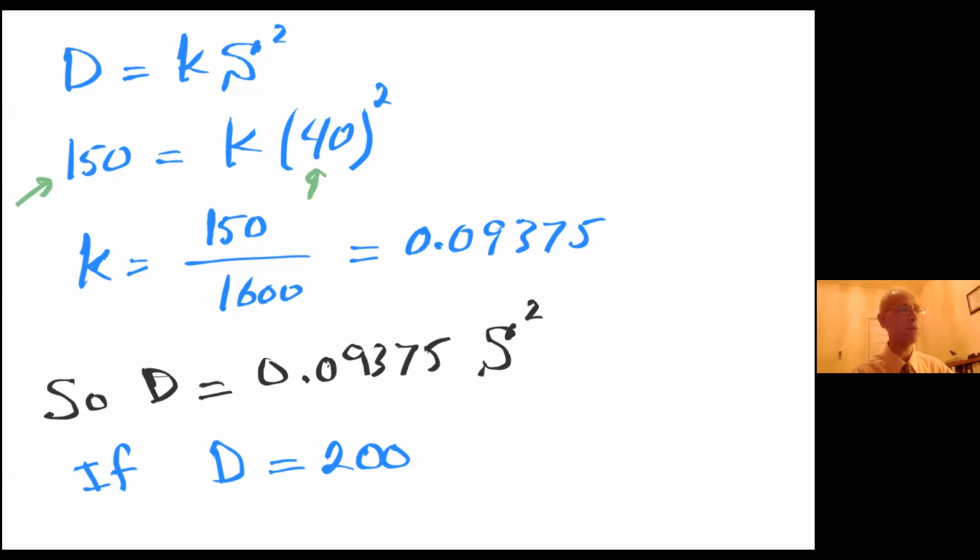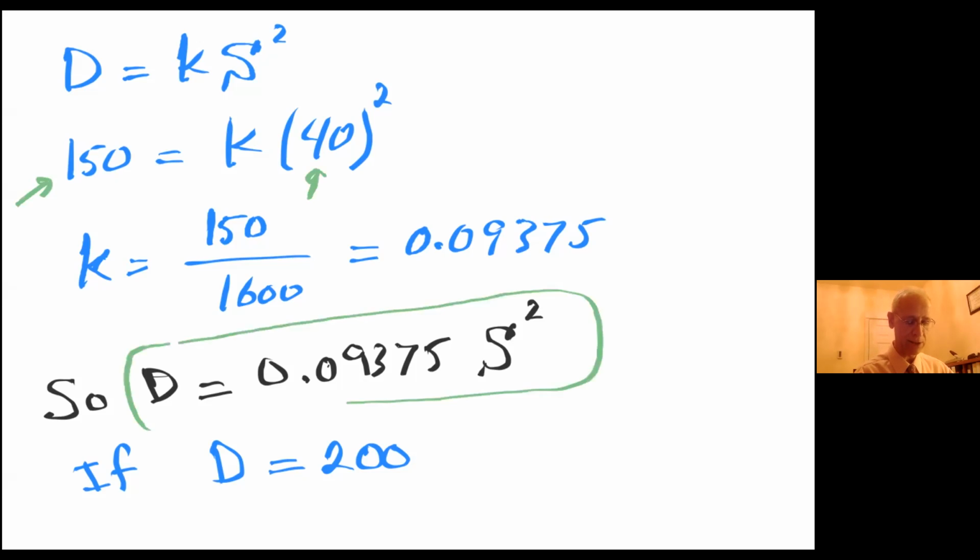So plugging those numbers in and solving for k, I get k equals 0.09375. So now I can write the equation of proportionality as d equals 0.09375 s squared.